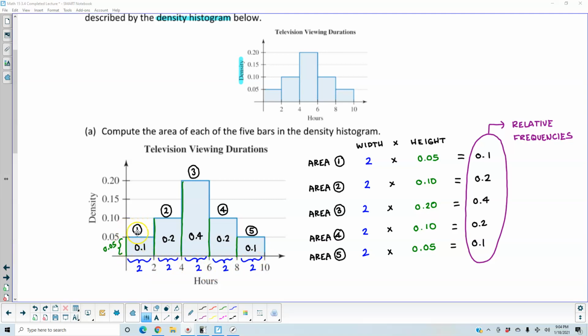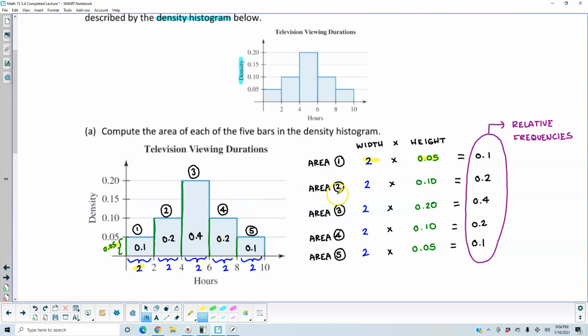If we look at the first one, the first bar has a height of 0.05. So the area of the first bar is taking the width of 2, multiplying it by the height, which is 0.05. And let me point that out with a highlighter. So there is 0.05, there's 2. And 2 times 0.05 gives us a relative frequency of 0.1.